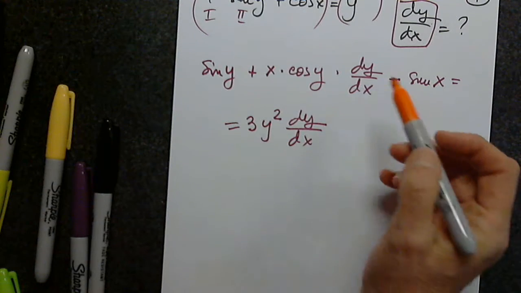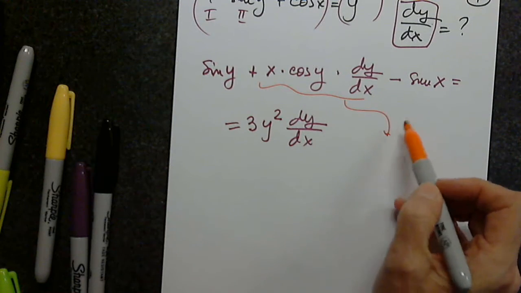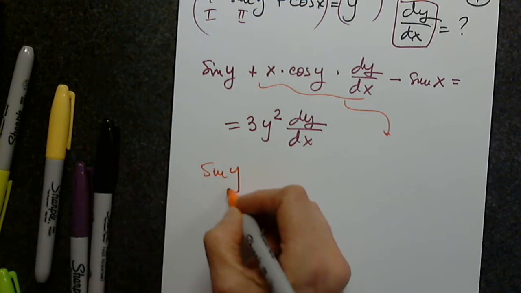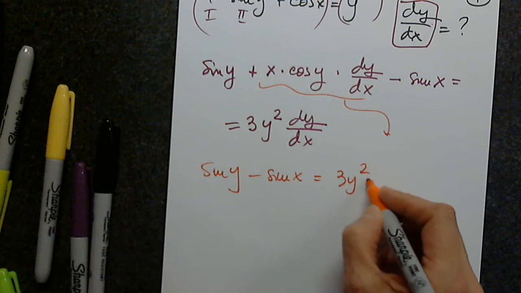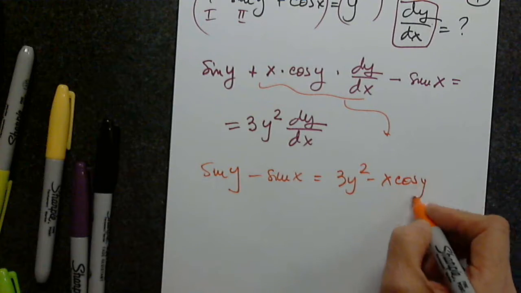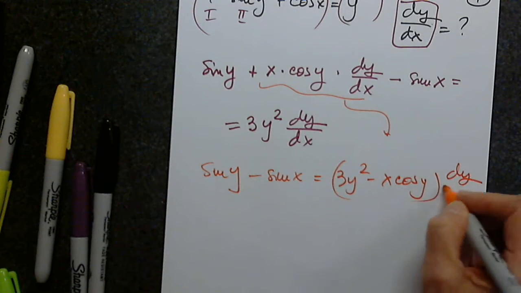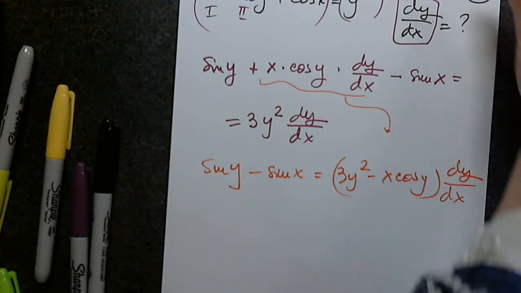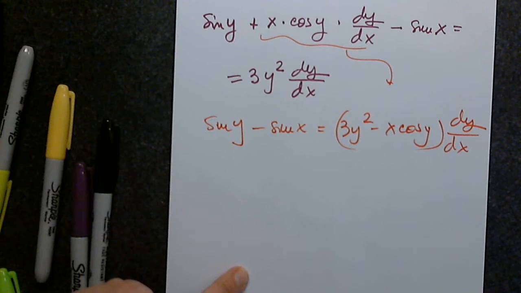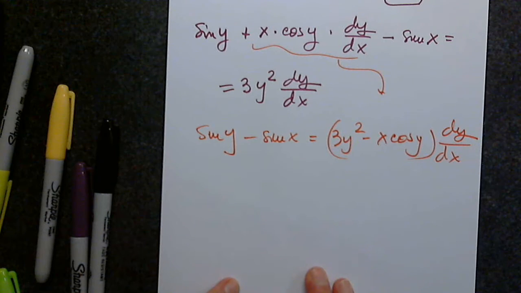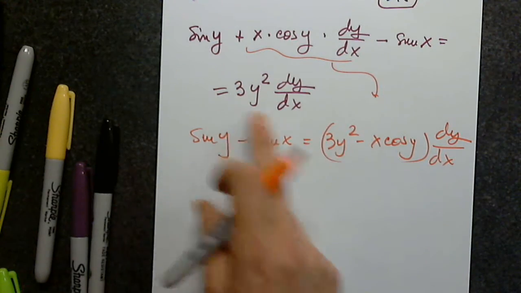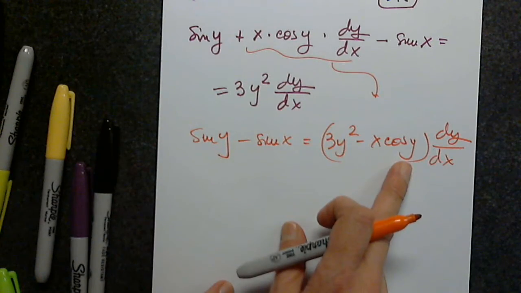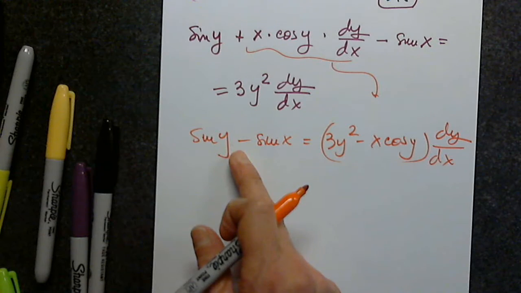So I have to move this to the other side. So I have sine y minus sine x equals 3y squared minus x cosine y, and everything times dy over dx. Are we in agreement with this? This becomes negative. I have 3y squared minus x cosine y, and these two are on this side.